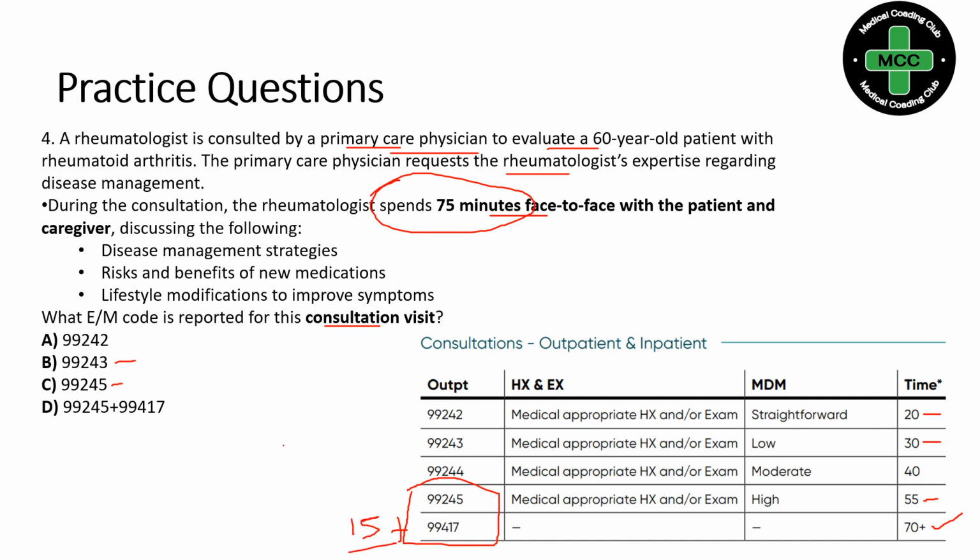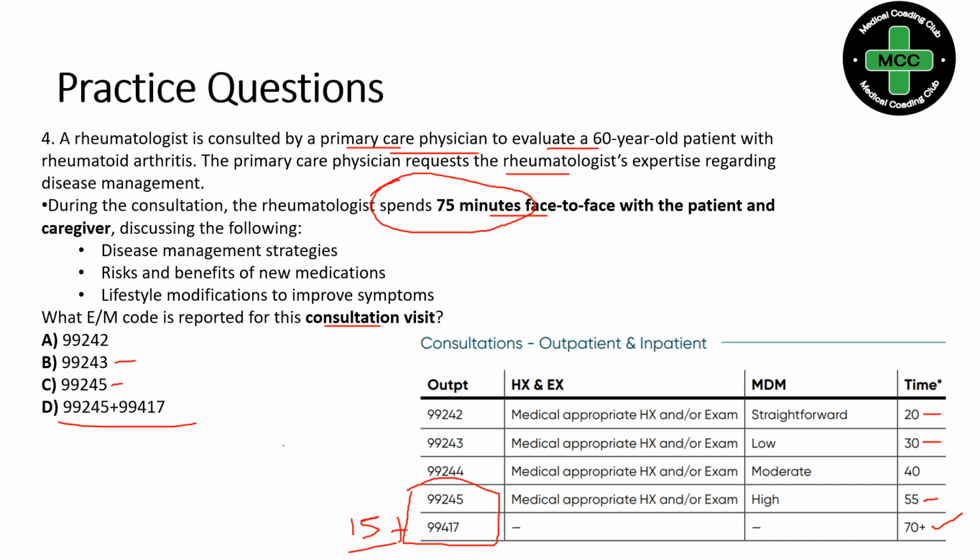In total we have almost 20 minutes extra, but we are coding only one unit because we are getting only one 15-minute increment. So 99245 and 99417 we can code. Since it's outpatient, we are utilizing 99417. If it was an inpatient setting, we would have taken 99418.